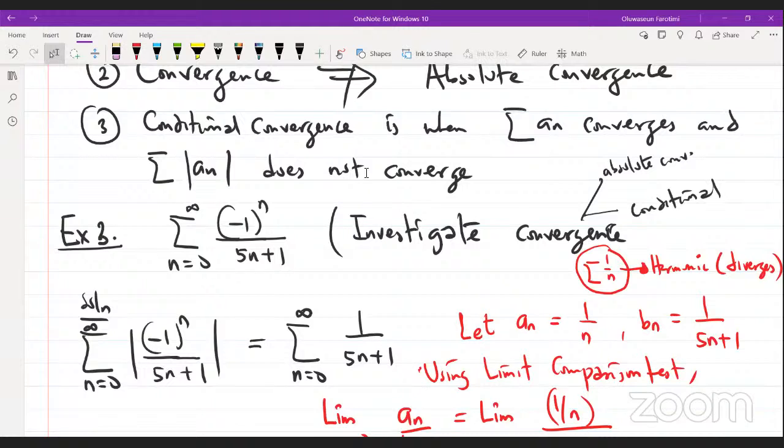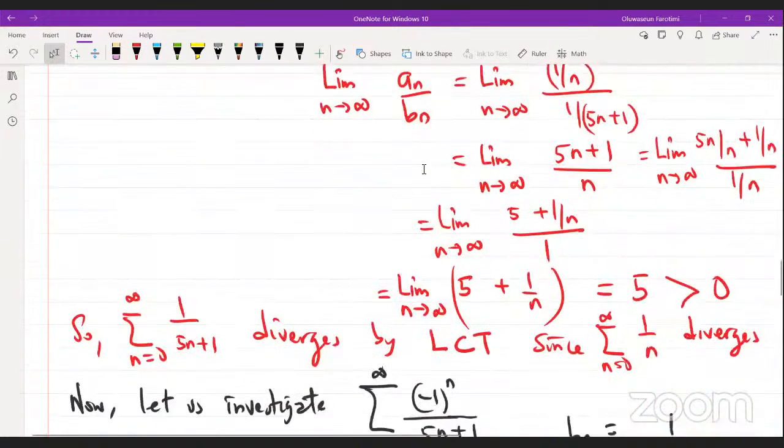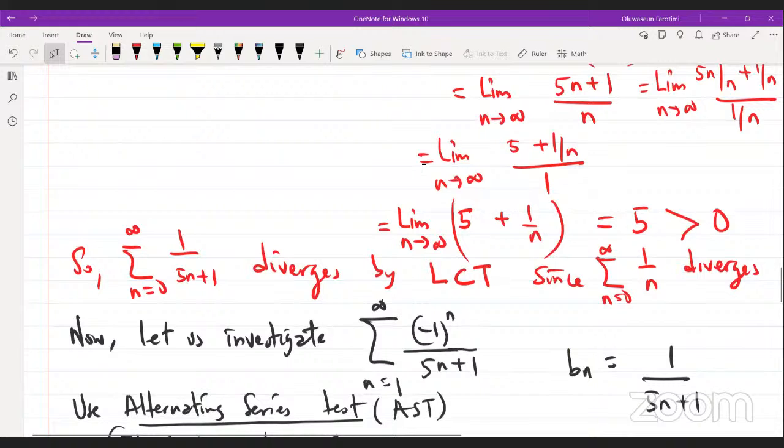If it is absolutely convergent, then I need not worry, the original series is convergent. But in this case, I had to do the series of the absolute value using the limit comparison test. The series of absolute value diverged. Since it diverged, that doesn't mean that the original series diverges. I only need to check if it is true that it diverged or not.